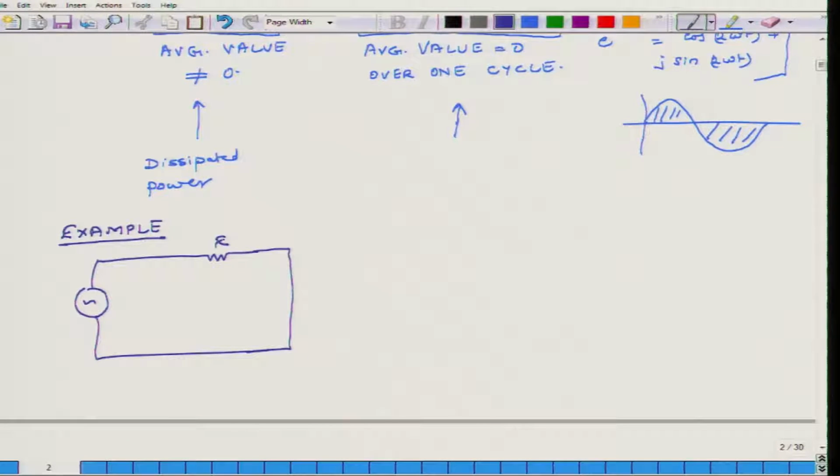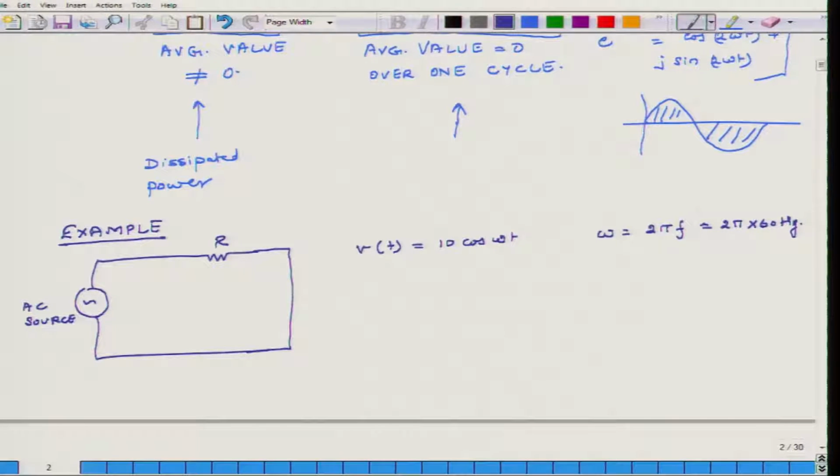This AC source is connected to an external resistor, and the voltage is such that the value of voltage is equal to 10 cosine omega t, where omega equals 2 pi f, which equals 2 pi times 60 hertz.